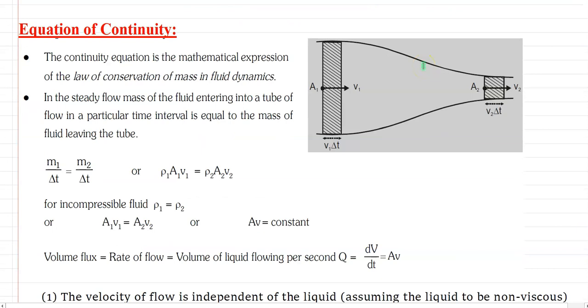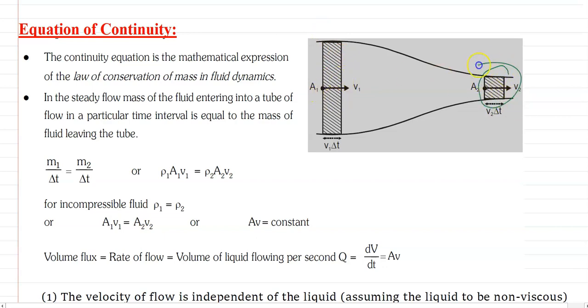Equation of continuity. Here we take the liquids to be incompressible. So if I take a pipe of different cross-sectional area, the rate of volume of liquid flowing per unit time is constant for each area.